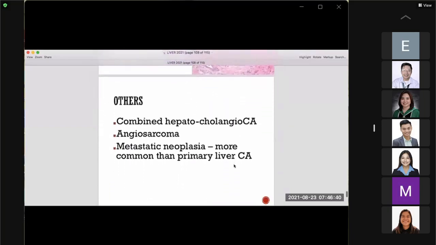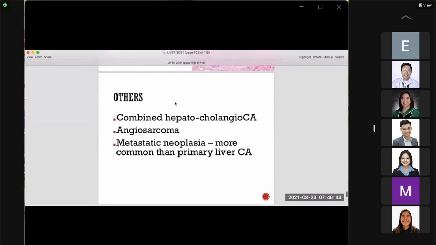Okay, so other malignancies, it can be a combined hepatocellular carcinoma with cholangiocarcinoma. We had one case before. We did an autopsy and it turned out to be a combination of hepatocellular and cholangiocarcinoma.